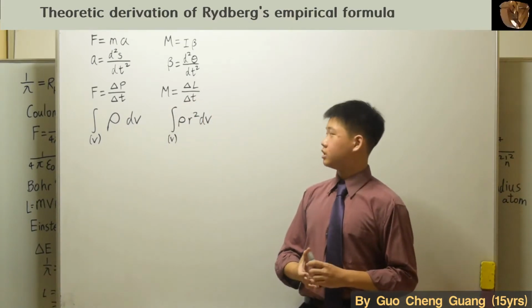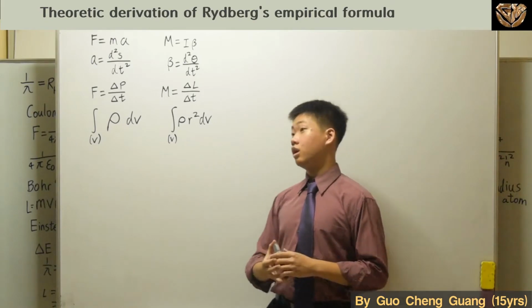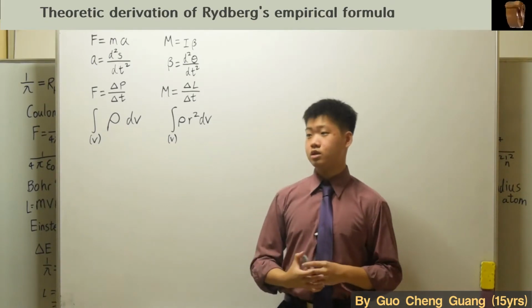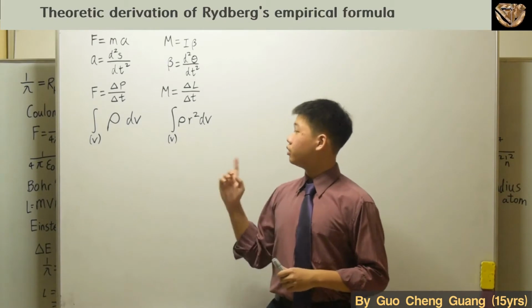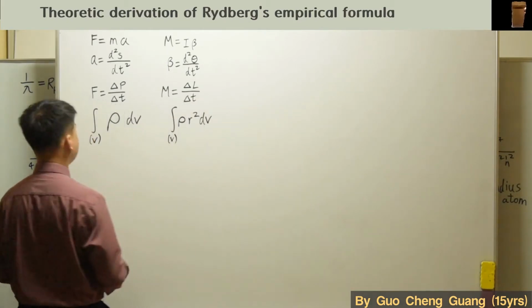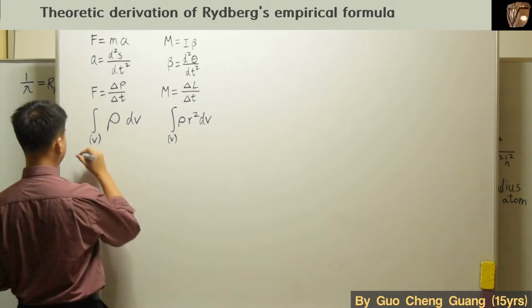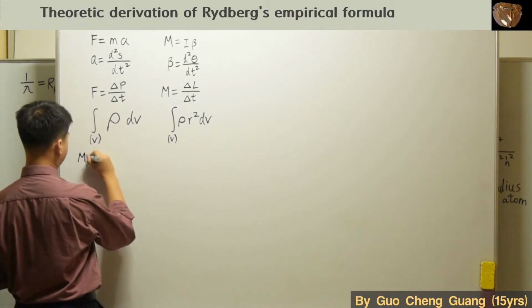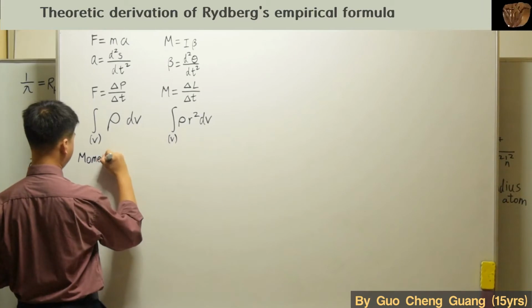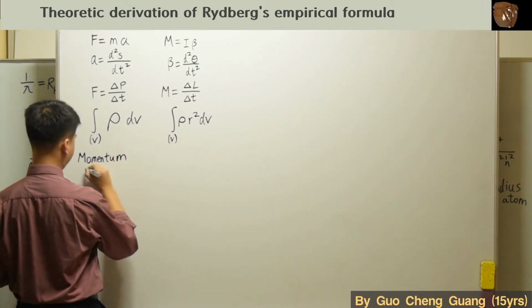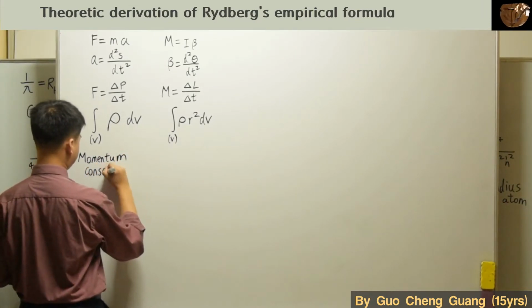Now if you think about it, is there any other way to describe it? If you can think of it quickly enough, you will notice that for the first part, you could call it momentum conservation.